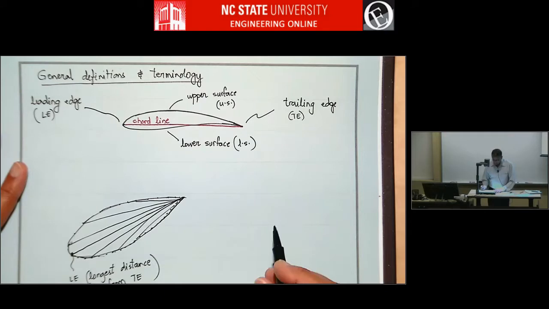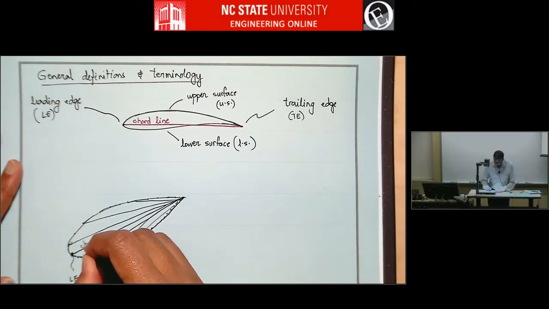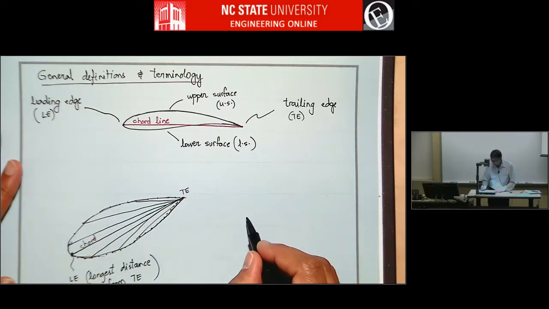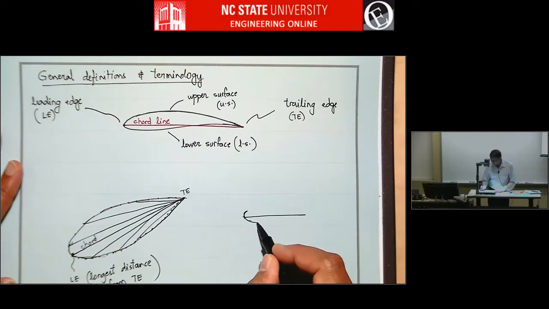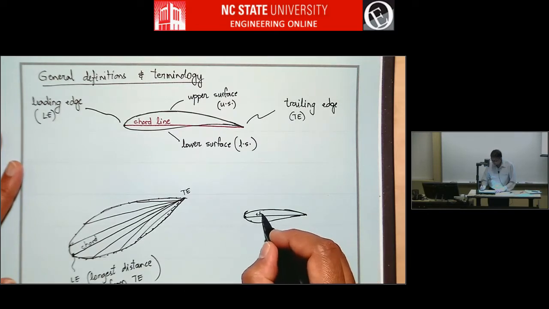So this distance is called the chord. Normally we draw the chord horizontal just for convenience, so we take this geometry and rotate it to something like this, and this is the chord.